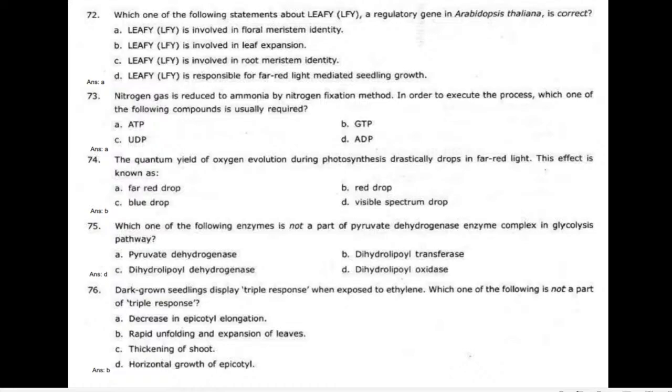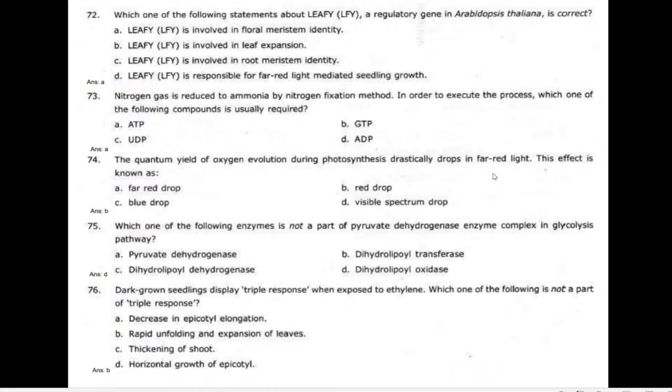The next question is: the quantum yield of oxygen evolution during photosynthesis drastically drops in far red light. Here the statement is about the quantum yield of oxygen evolution during photosynthesis dropping in red light, far red light.